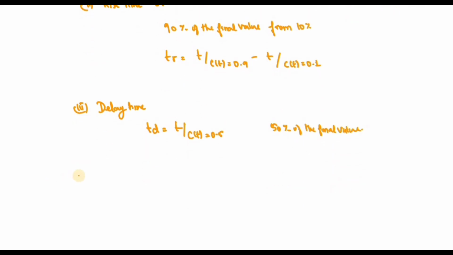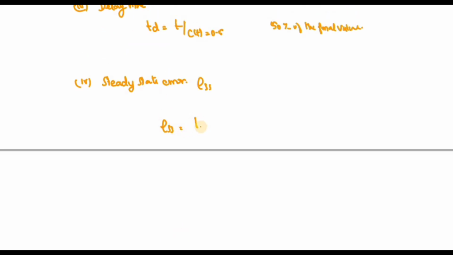Okay, and the fourth one is steady state error. This is represented as ESS. So the ESS I can write as limit t tends to infinity of R of t minus C of t.